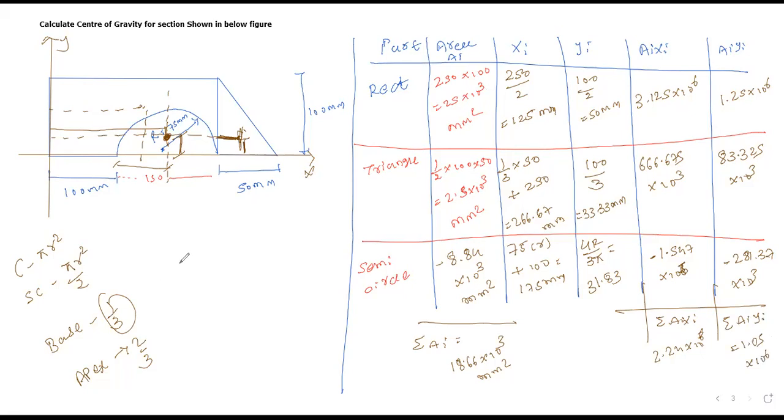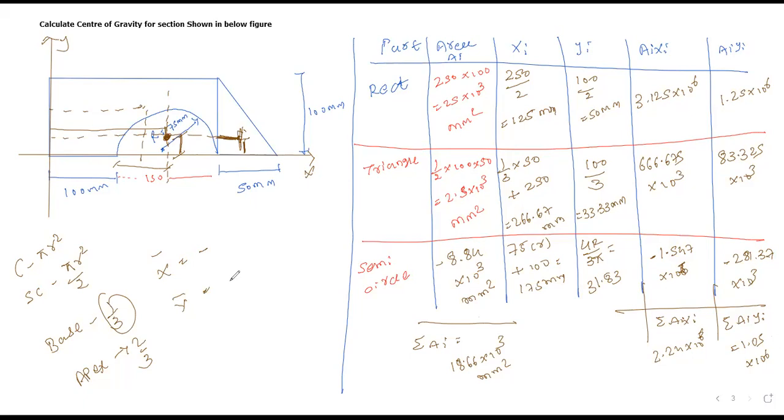So what is your x bar? Summation AiXi divided by summation Ai. And what is your y bar? Summation AiYi divided by summation Ai. So first of all I am calculating y bar: 80.66 × 10³.